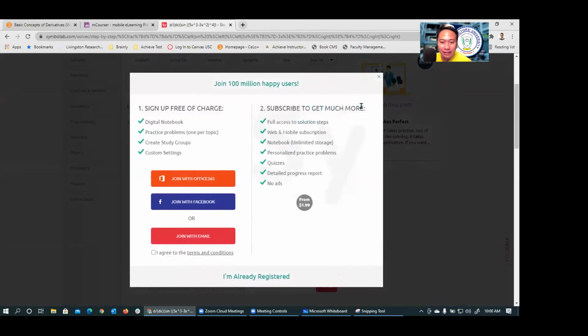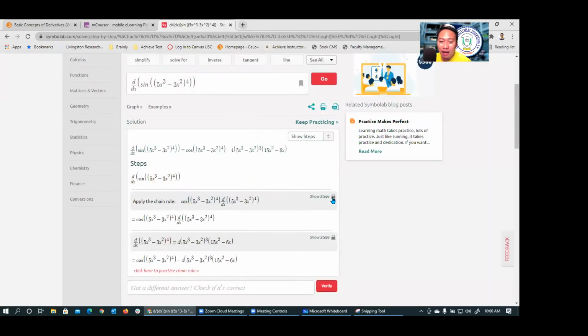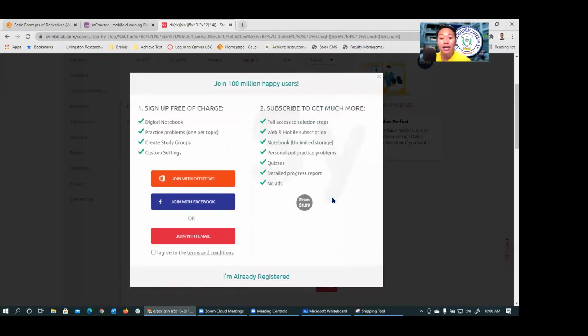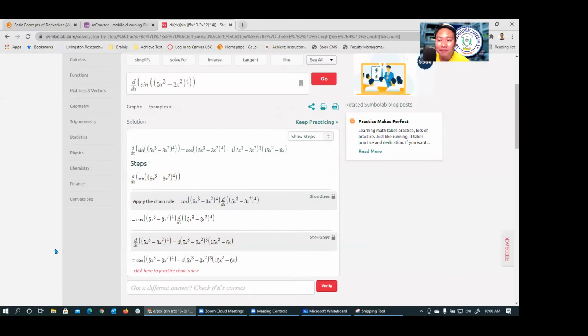For example, if I click this lock icon here to show the solution, it wouldn't let me because I need a premium account, which is a paid account. It's the same thing with Photomath. And as I said earlier, I'm one of those people answering problems in Photomath for $1, as a side job.